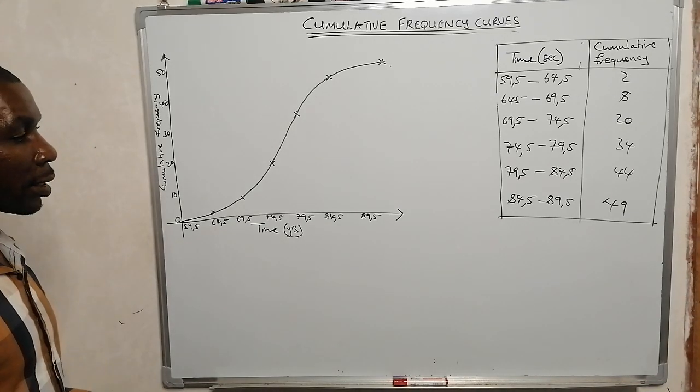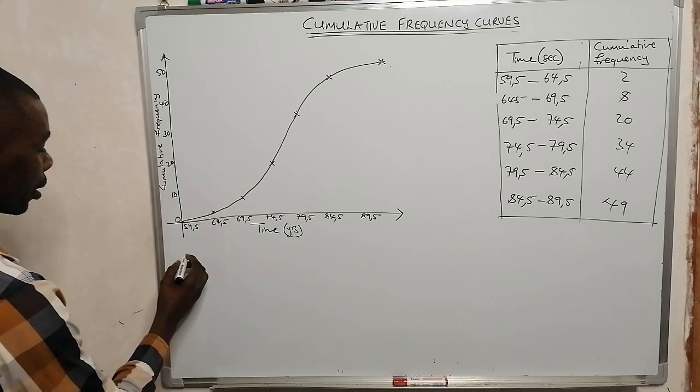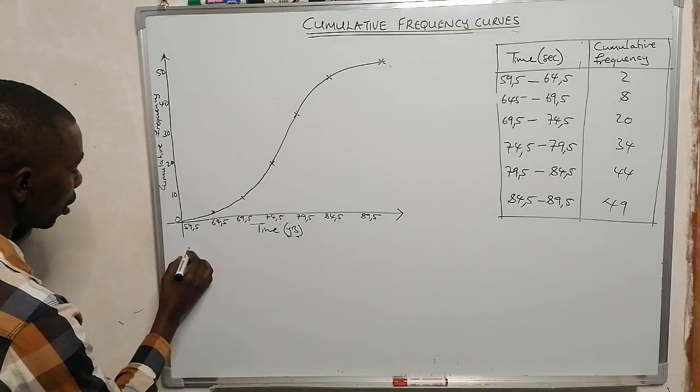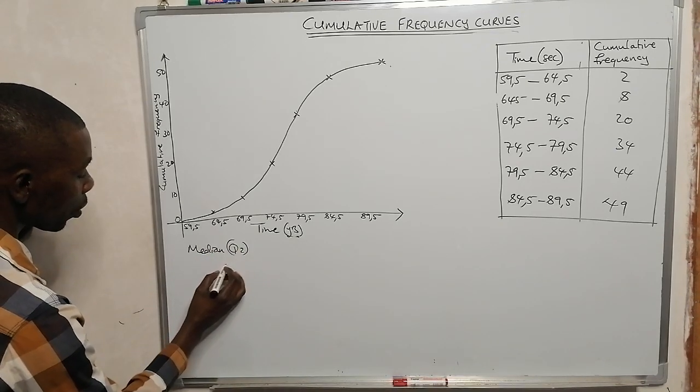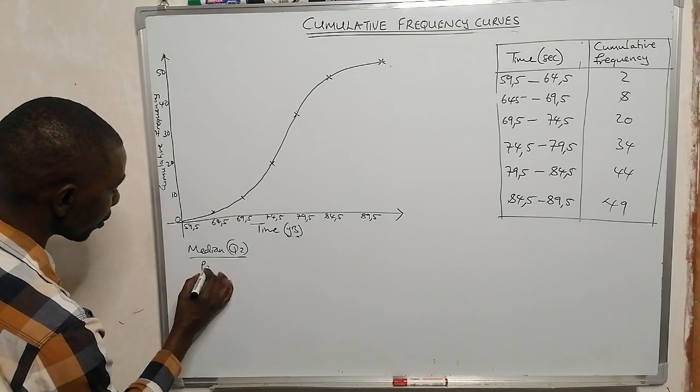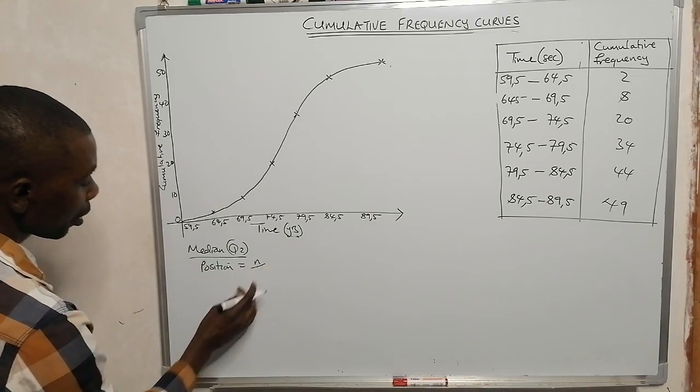Now we want to find the median. So for the median, remember that's Q2. We are going to say position is equal to n over 2.